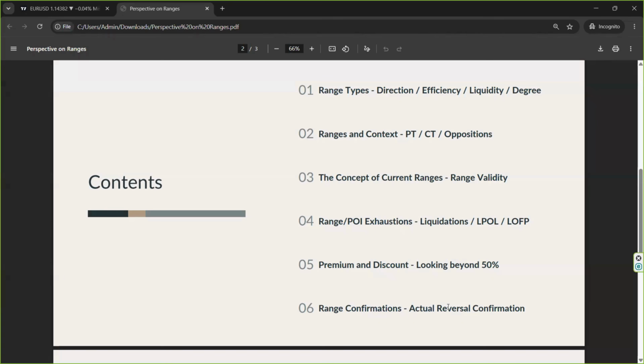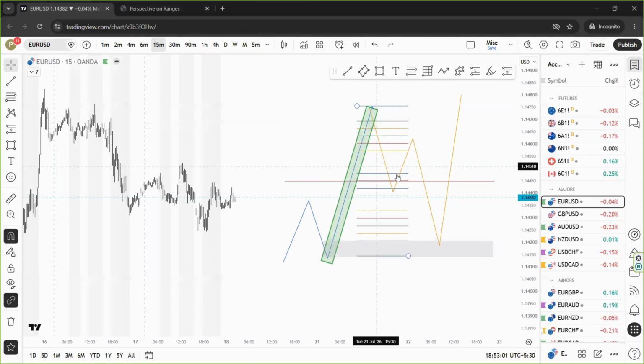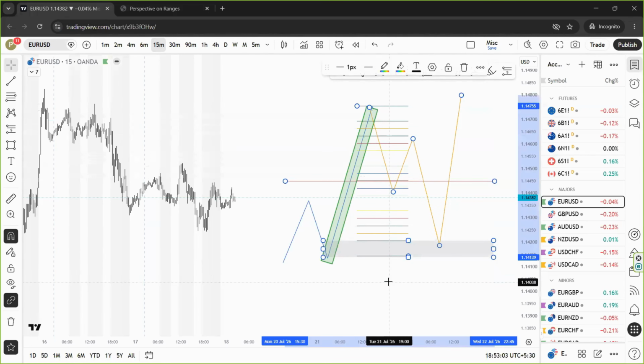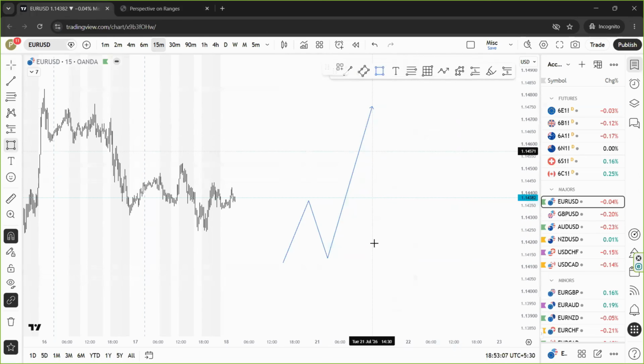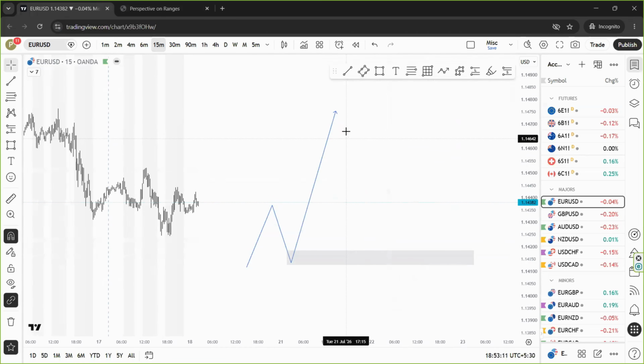And then the final one, when we consider ranges, is confirmations. So when you have a specific range, at what point are you going to consider that the range is actually going to give you a move in the intended direction?